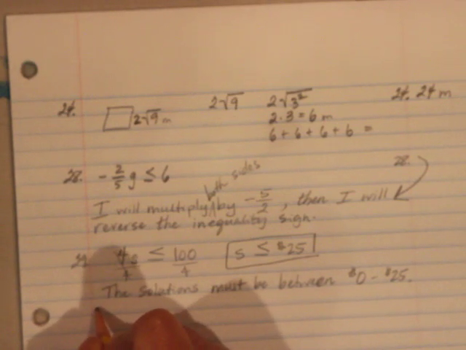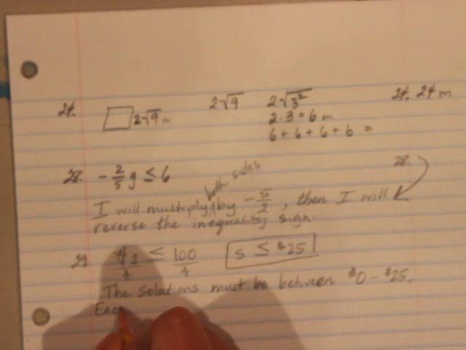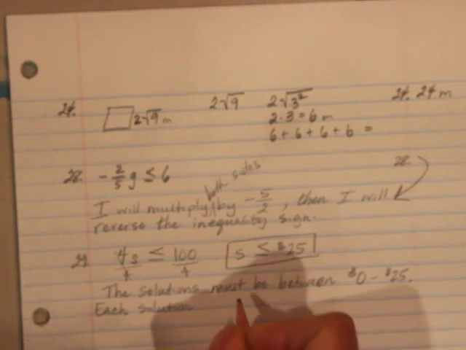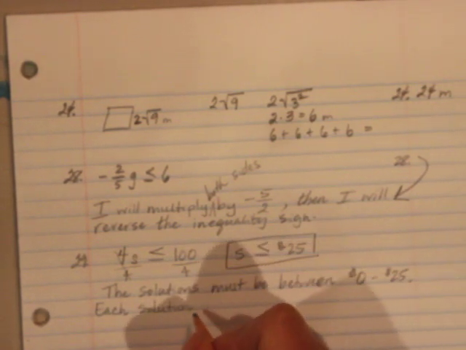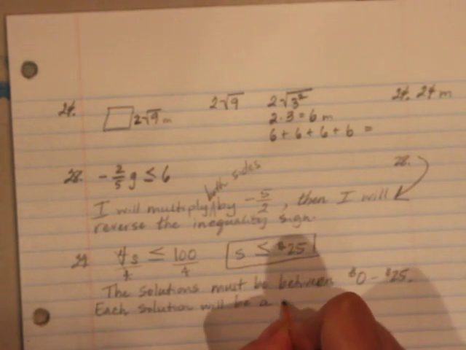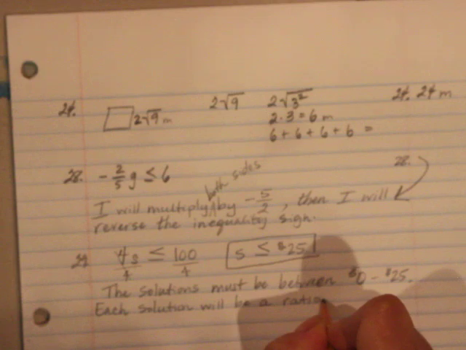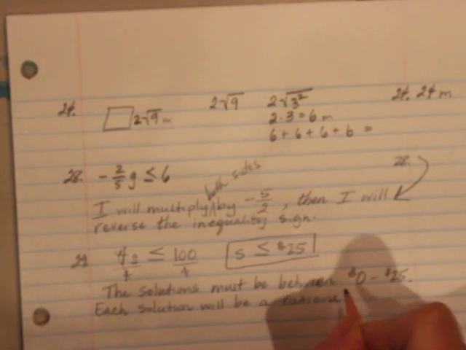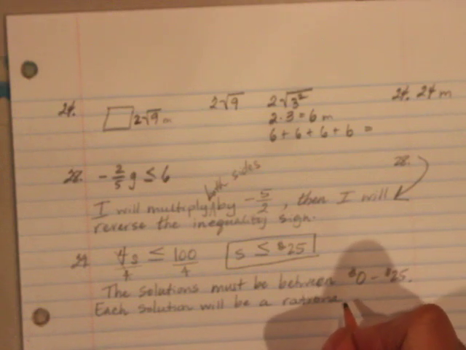Okay, so reasonably, each gift is going to be between $0 and $25, and we know the other limitation is that each solution, meaning each price of the gift, will be a rational number. It's not going to be irrational because money can't be, well, philosophically it can, but mathematically money has to be rational.